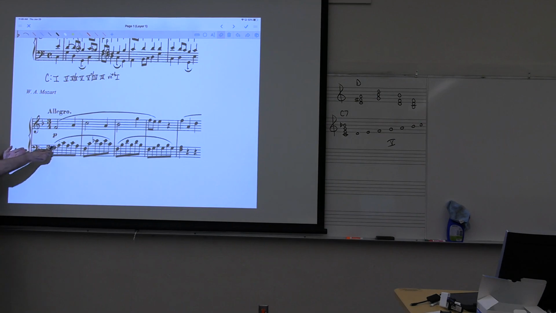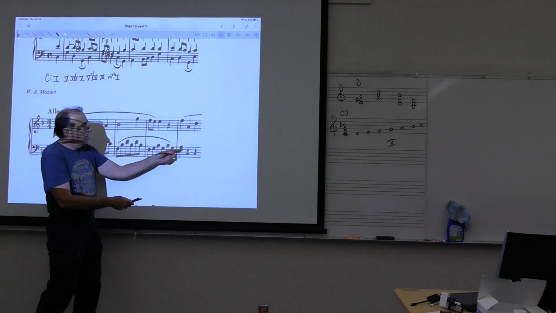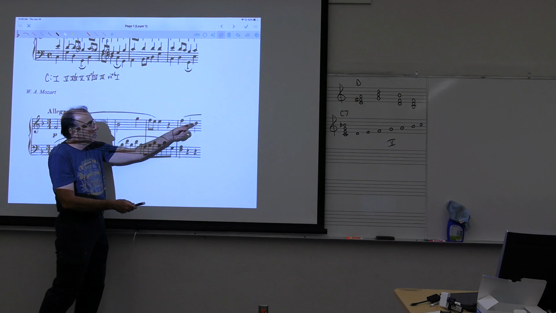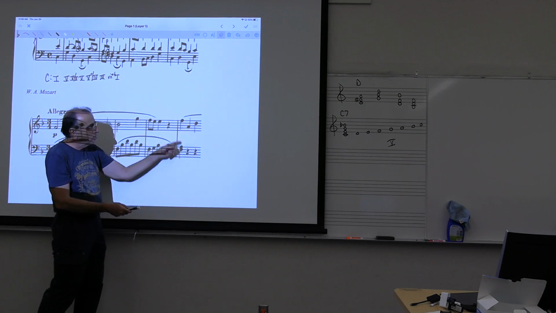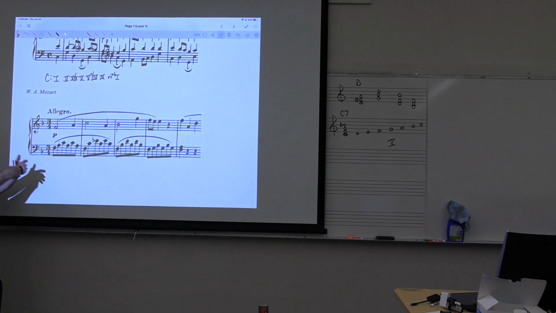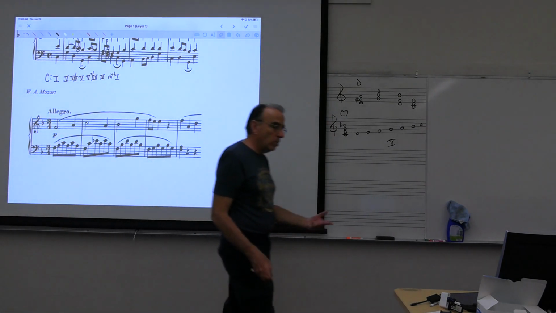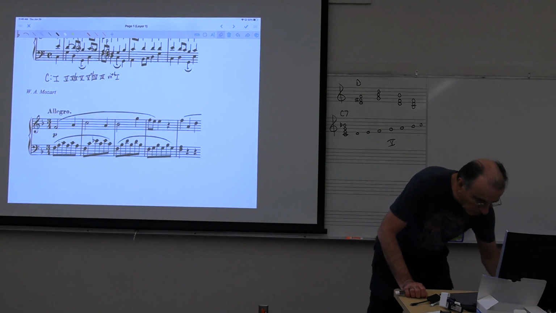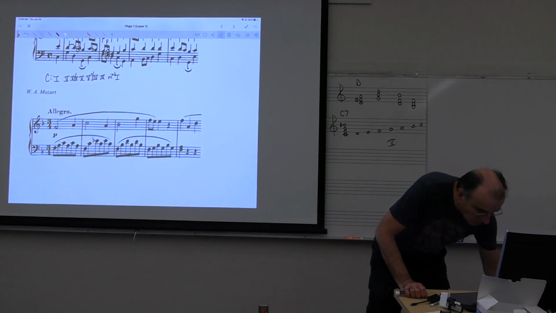This is an F major triad, F, A, F, A. D is a little weird, so we're talking F major. We're going to analyze this in the context of F major, and it will make sense in the key of F major. It won't make sense in the key of D. So we're going to say F for this one.